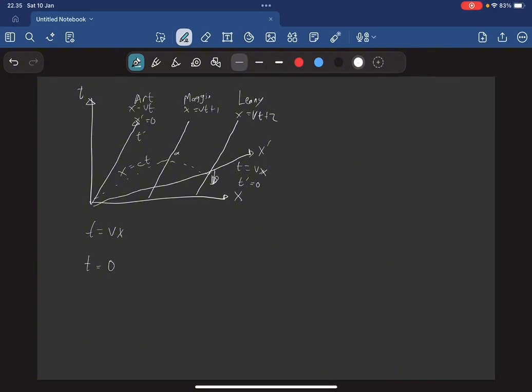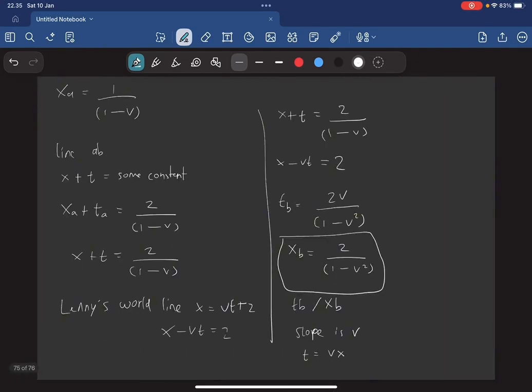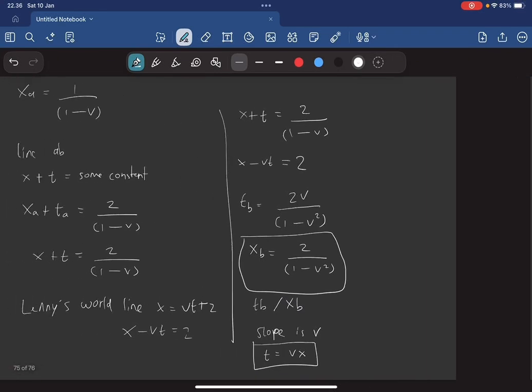So far in this section, we have worked in relativistic units, where the speed of light is c equals 1. Here is a good opportunity to practice your skill in dimensional analysis and figure out what the equation t equals vx would look like in conventional units of meters and seconds.